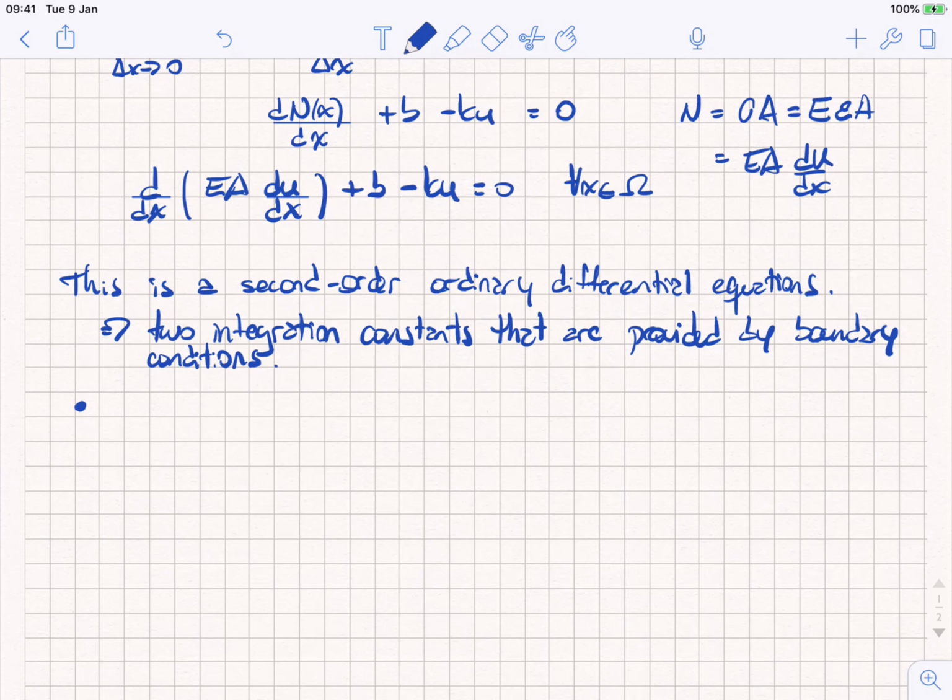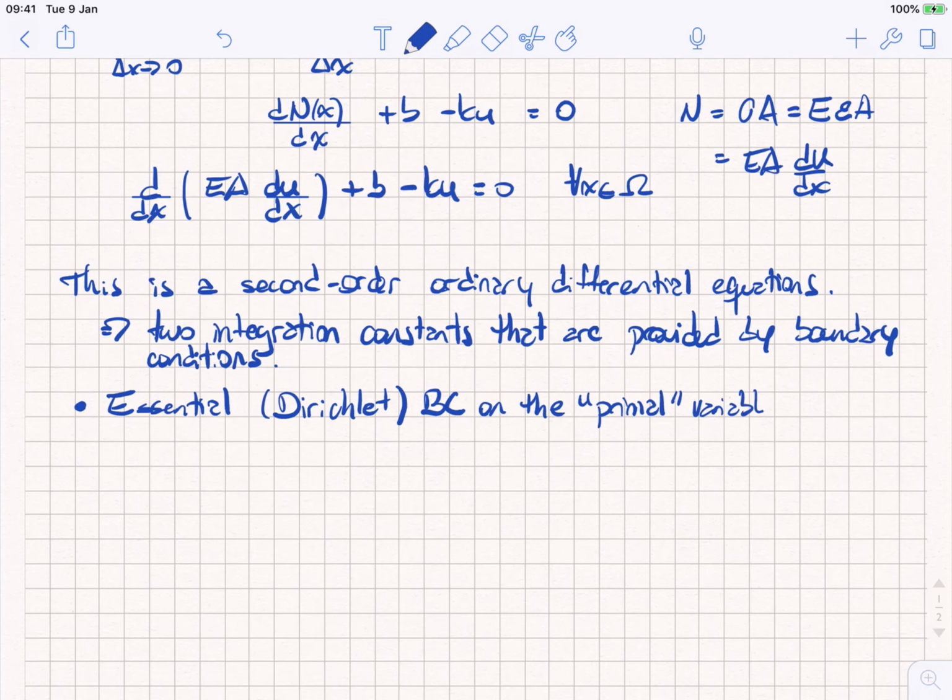But we can prescribe the displacement, and this is what usually is referred to as essential, or more mathematically, Dirichlet boundary condition. And this acts on the primal field, or the primal variable, which for this case is the displacement.